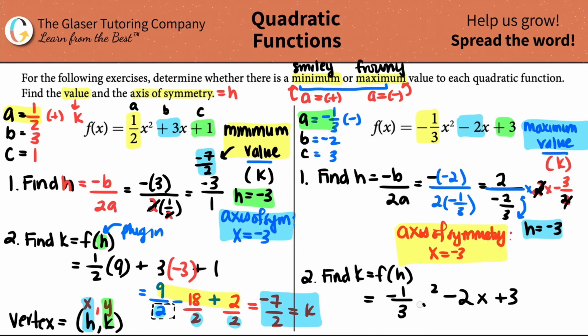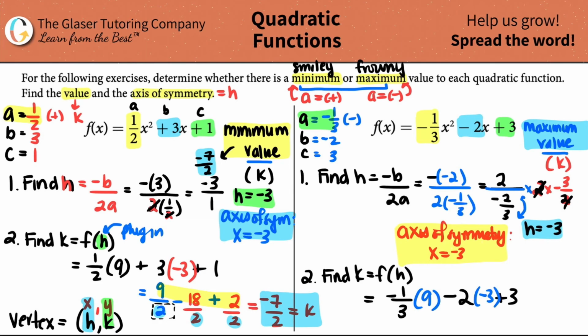So I'm just going to get rid of all the x's, and I'm going to include that value. So this value was a negative 3, and then times a negative 3. We got to do the exponents first. That's the PEMDAS rule. Negative 3 times negative 3 is a 9. So I'm just going to get rid of that and say that this is the same thing as saying a 9.